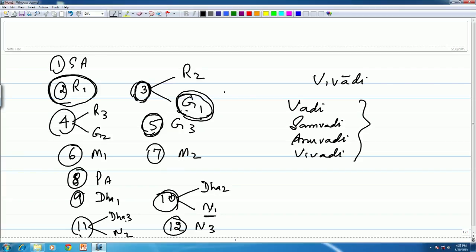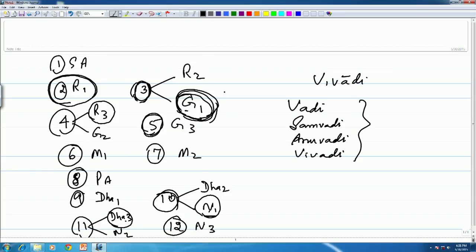Any raga which has this swara G1 or Re3 or Ni1 or Dha3.